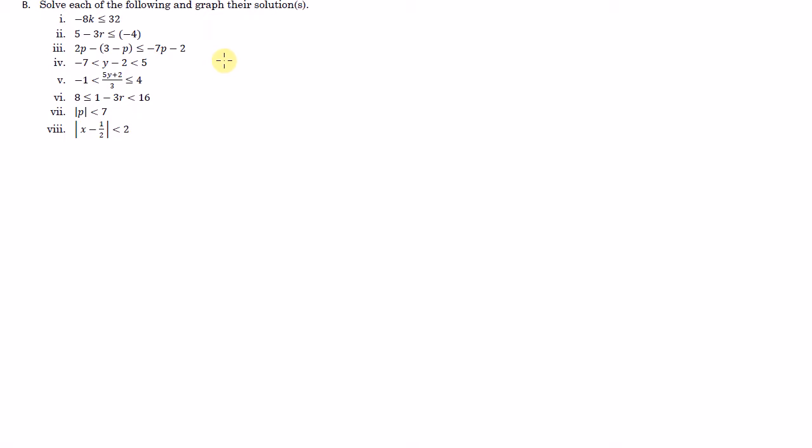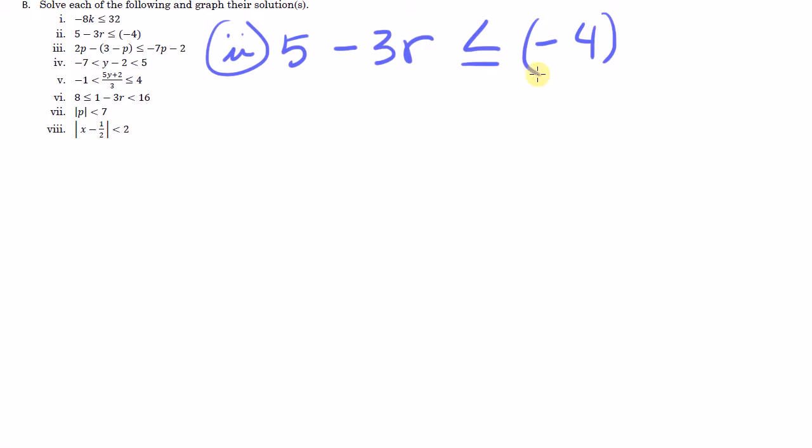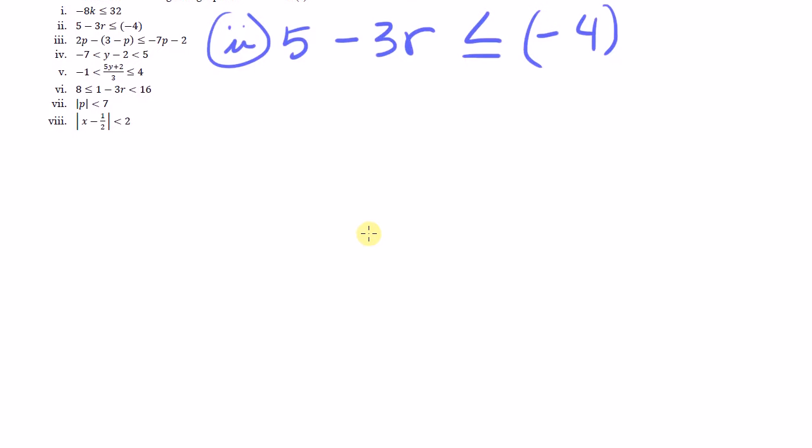All right, do double I. It says 5 minus 3r is less than or equal to negative 4. All right, so we just go ahead and start solving this like we would anything else. So we have a negative 3r and I'm going to subtract 5, less than or equal to, and when I subtract 5, I get negative 9.